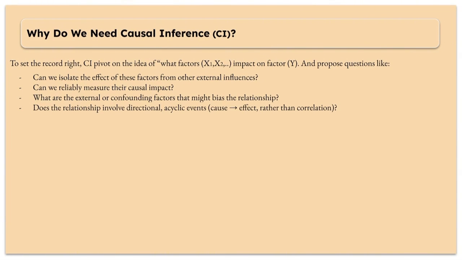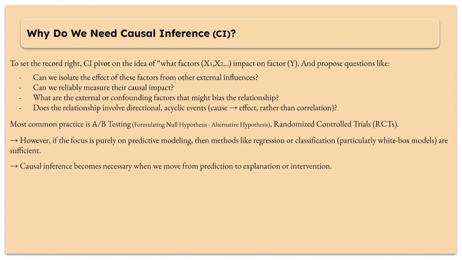What are the external or confounding factors that might bias the relationship or impact our dataset, limiting our understanding of it? And does the relationship involve directed acyclic events, cause effect, rather than correlation?